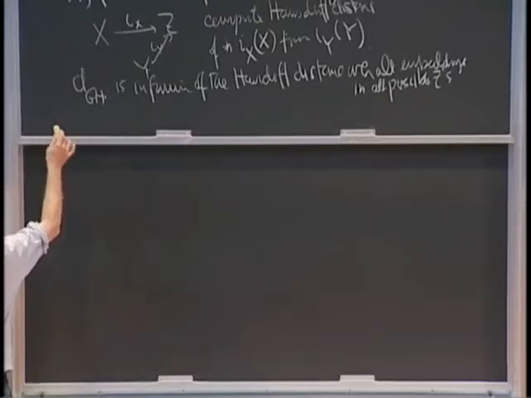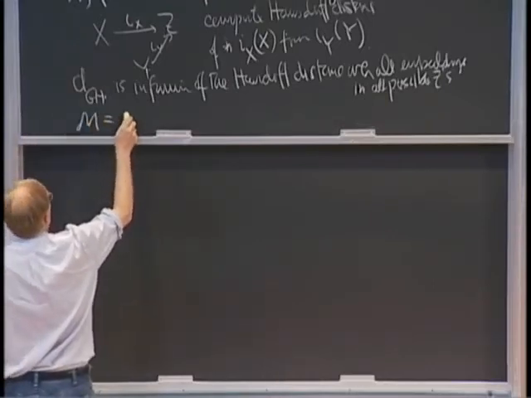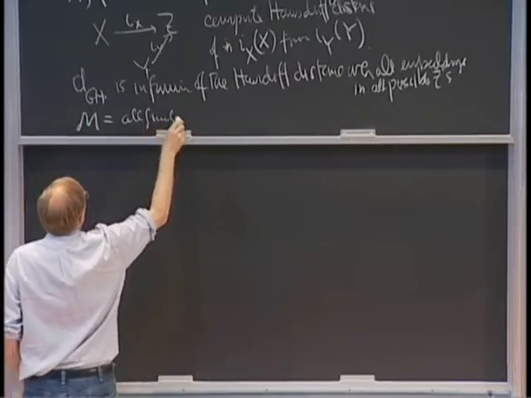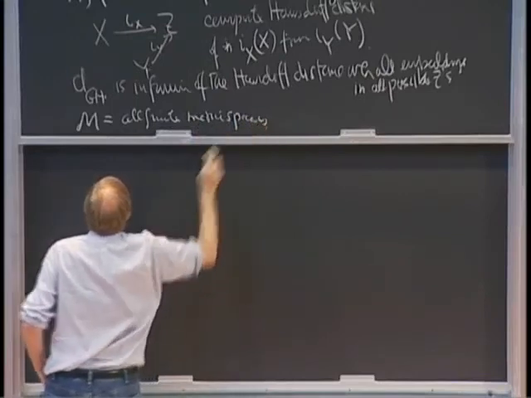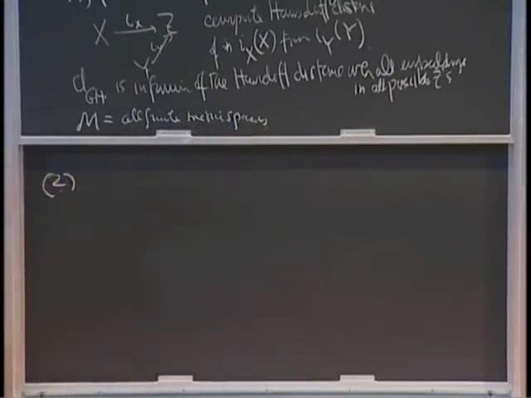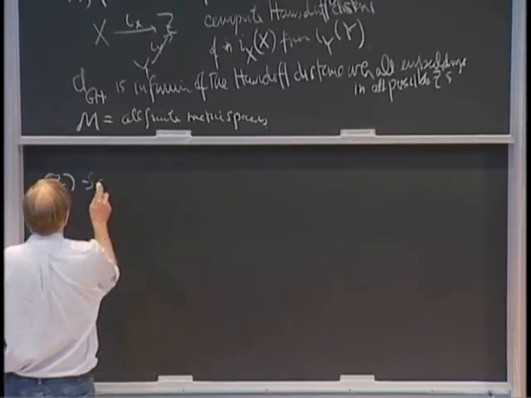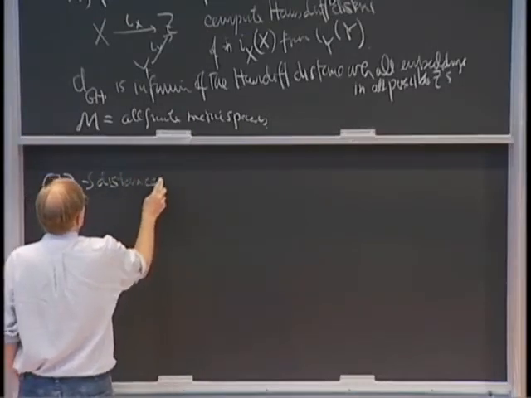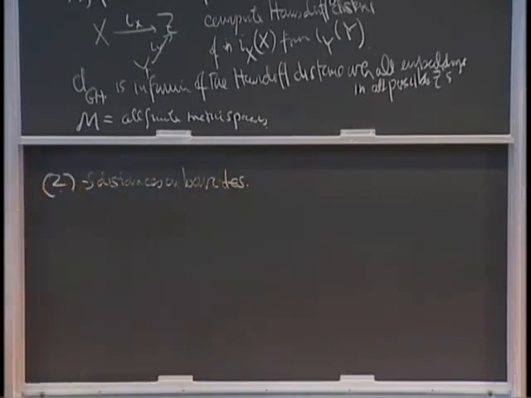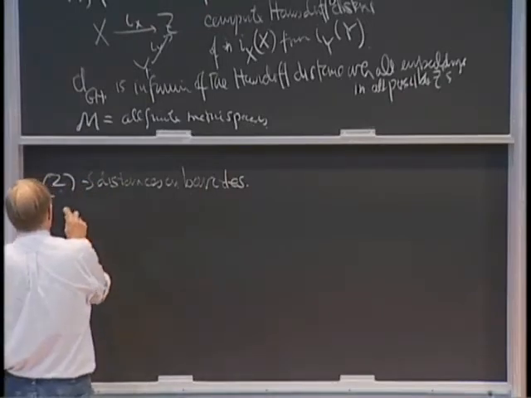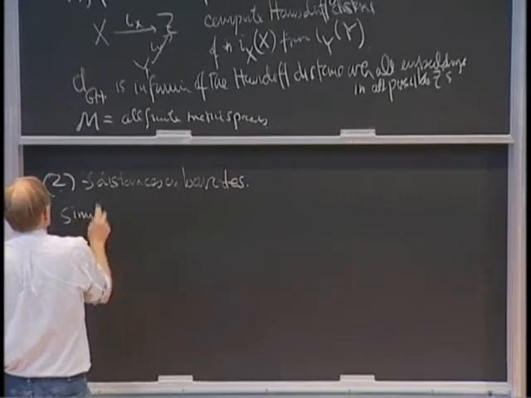That's the distance on the set of all metric spaces. So let's write M, all finite metric spaces. Turns out there's also a notion of distance on barcodes. So there exist distances on barcodes. And the way those work is, they're similar to edit distances.